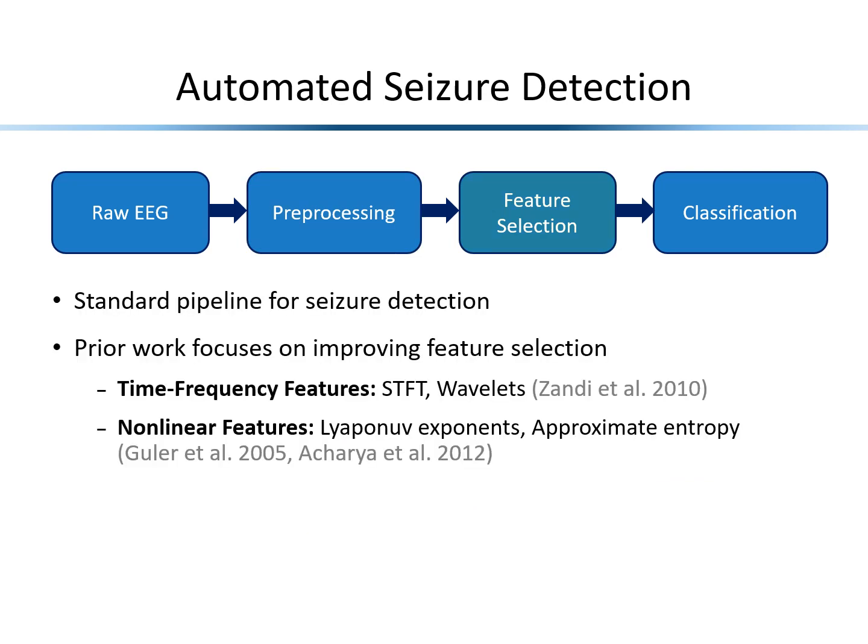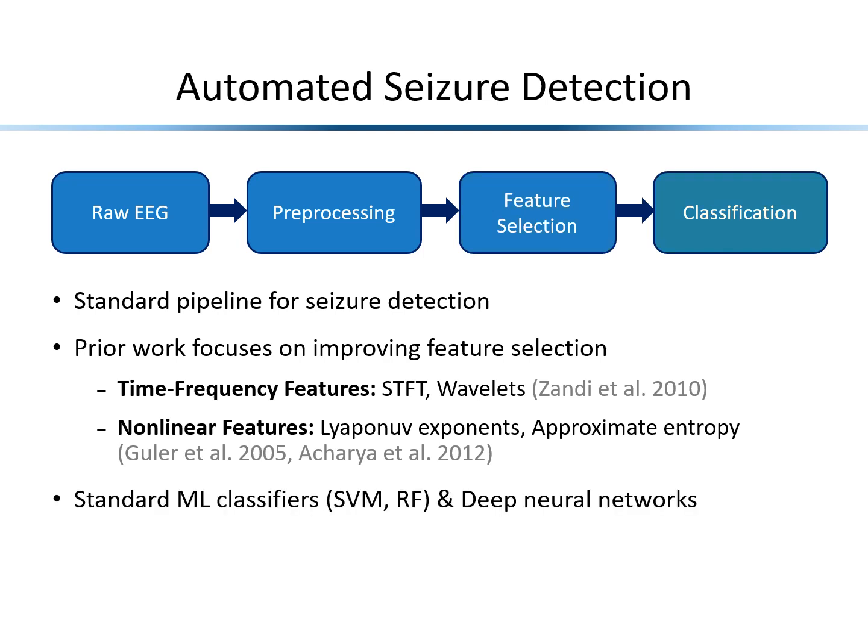Now, the bulk of prior work focuses on feature selection, where the goal is to isolate ictal or seizure-related signatures. Common themes in feature selection include Fourier domain analysis, wavelet filter banks to capture certain shapes, and nonlinear entropy-based features as well.